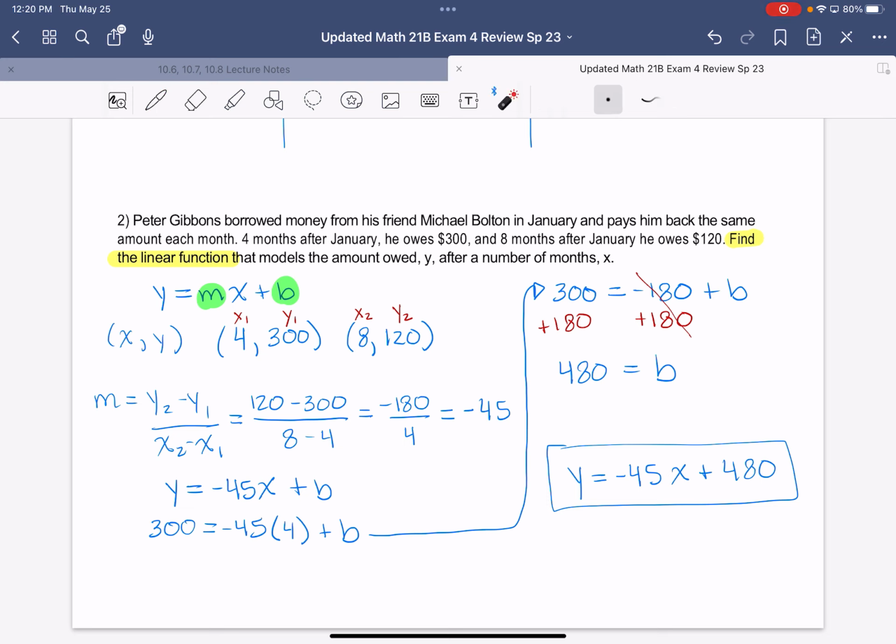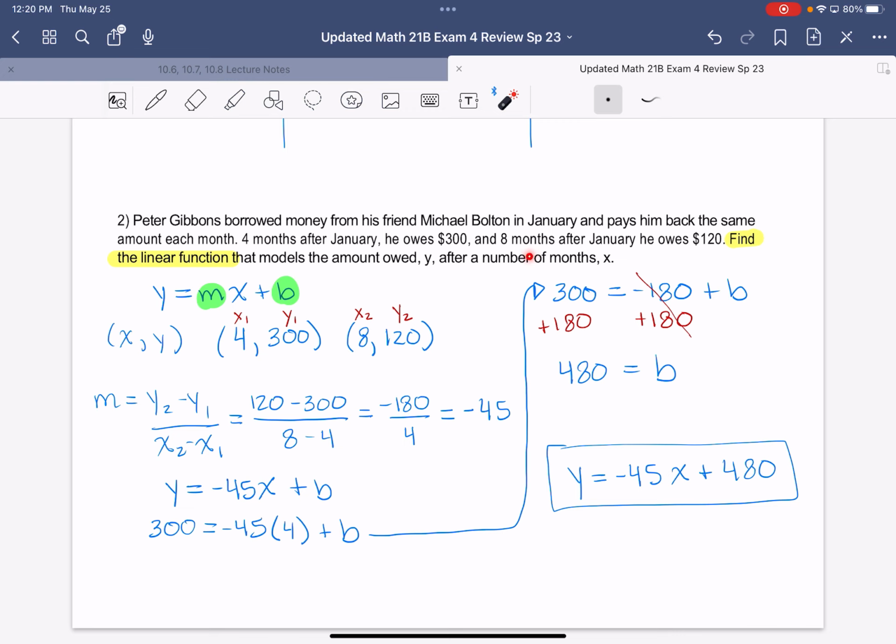If you recall, in 10.1 or 10.2, we did problems like this using the points here, but we also did the same thing where you weren't given your x, y points within a word problem, but instead you were given a graph. Do you remember that?